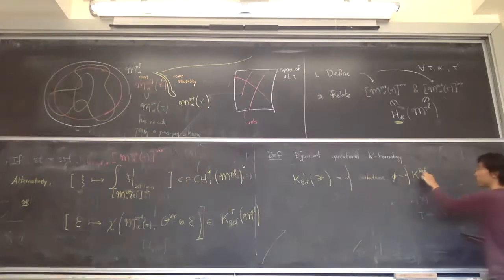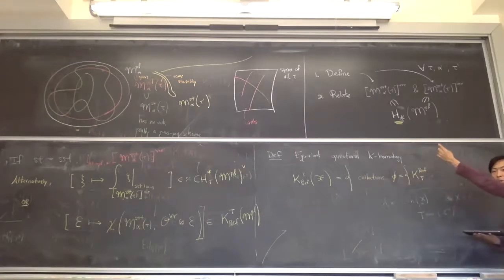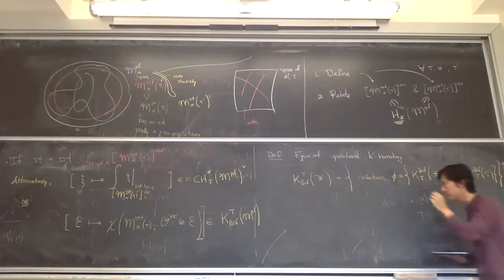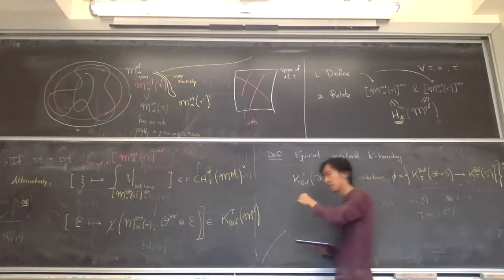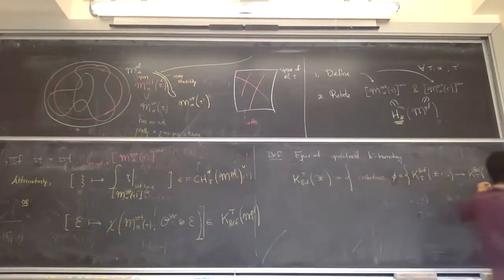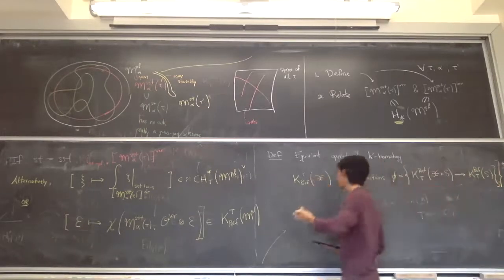So note here that the perf is on top. This is the actual K theory that I said at the very beginning, of X relative to some base S. And these phis will be functions from this thing to K perf T of the base. So an element inside this K-homology is a collection of functionals, one for each possible base S. And S here can really be some arbitrary stack.